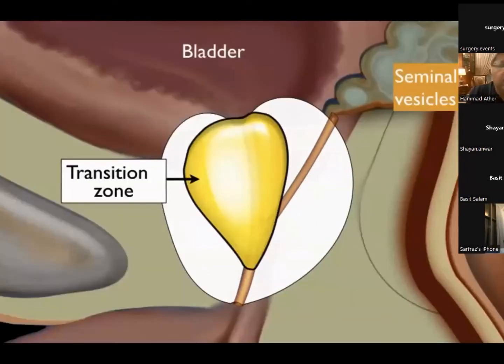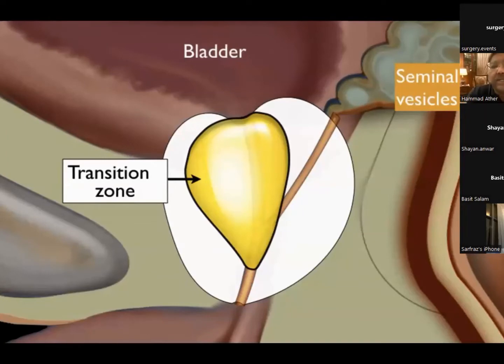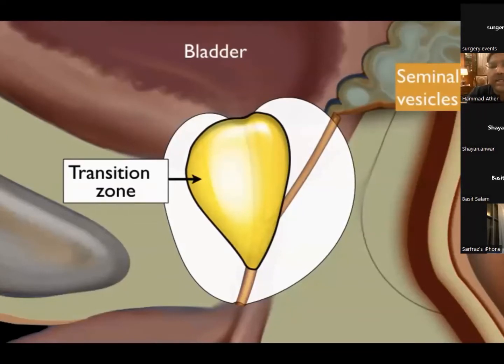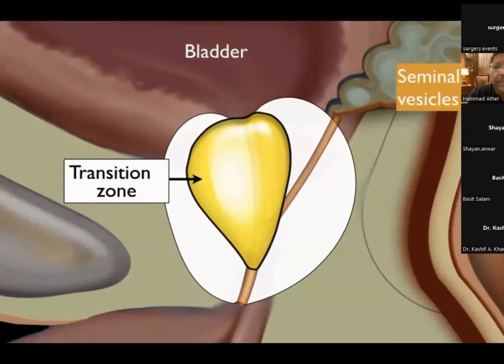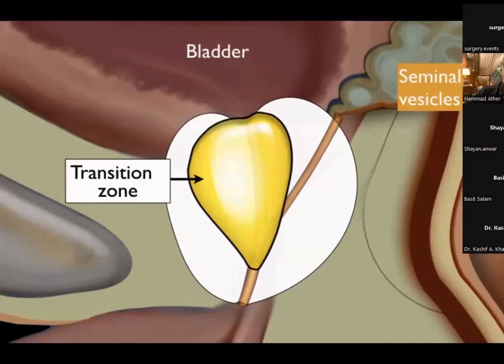So if you look at the periurethral zone, meaning the zone which is around the urethra, we have the transition zone, and that is the zone which is responsible predominantly for the development of BPH. But about 20-25% of cancers can also develop in the transition zone. And this zone is periurethral.